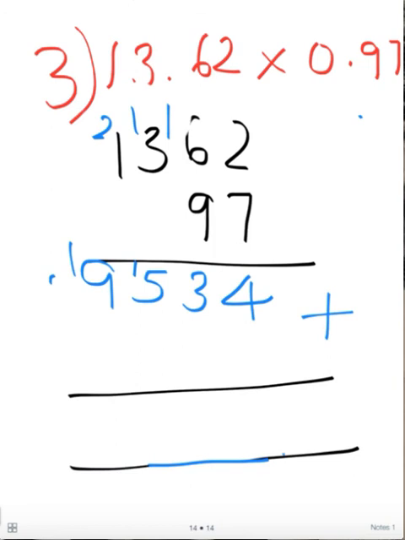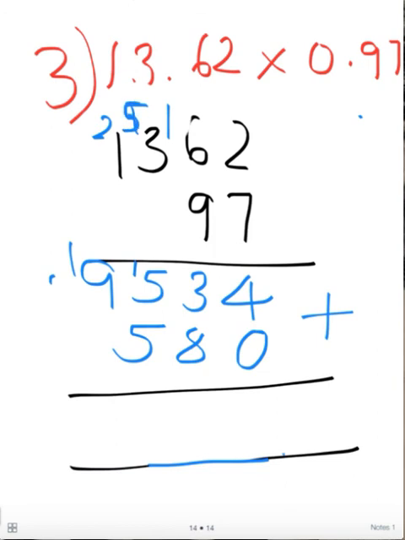All right, so once again, I'll put the 0 there. So I made a mistake with my 9 part. So 9 times 2 is 18. Put the 8 down, and I carry the 1. 9 times 6 is 54, plus 1 is 55. Put the 5 down, carry the 5.